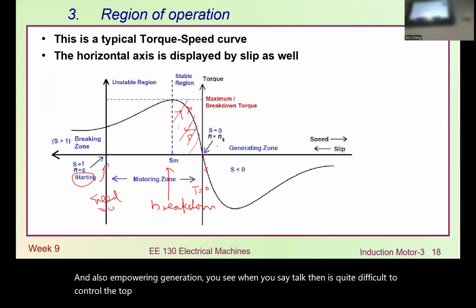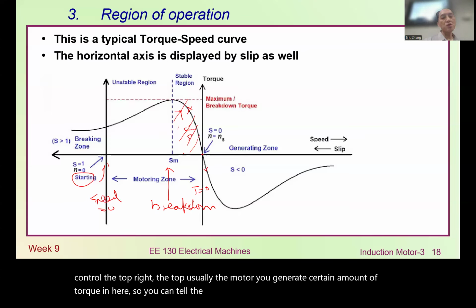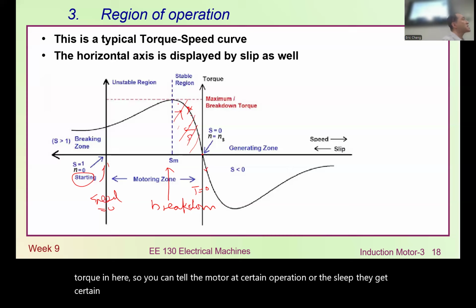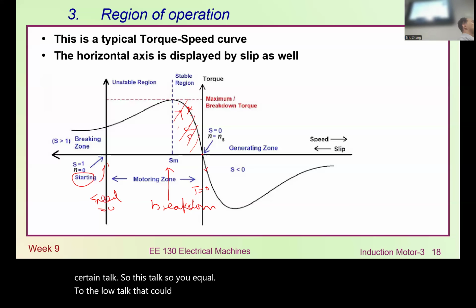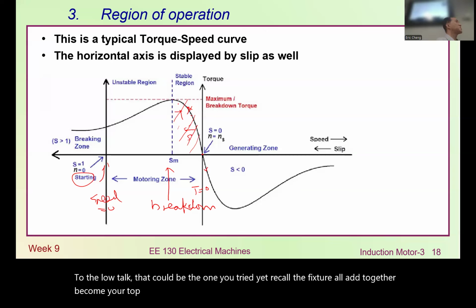Usually the motor will generate a certain amount of torque here, so you can tell the motor at a certain operation of the slip, then you can have a certain torque. So this torque should equal the load torque. That would be, when you drive the electric vehicle, the friction all adds together to become your torque requirement. That's how the motor generates torque.